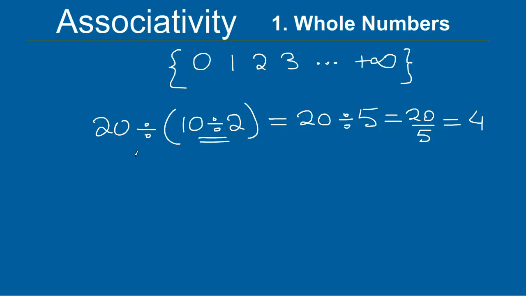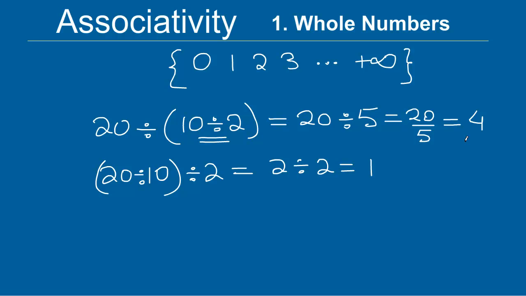Right? Now, let's find out the value of 20 divided by 10, and then this value divided by 2. We do this operation first. 20 divided by 10 is 2. And now we have 2 divided by 2, which is simply 1. So are these two values equal? Of course, they are not equal.